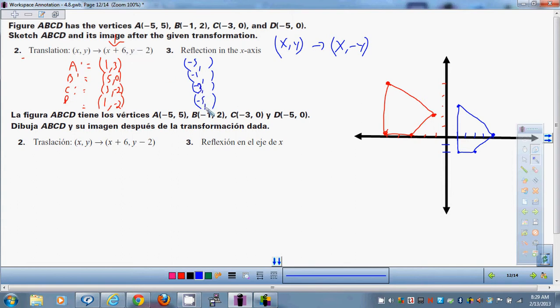Negative 2. Negative 0, which of course is just 0, and negative 0 again. That's exactly what we do. So, negative 5, negative 5.